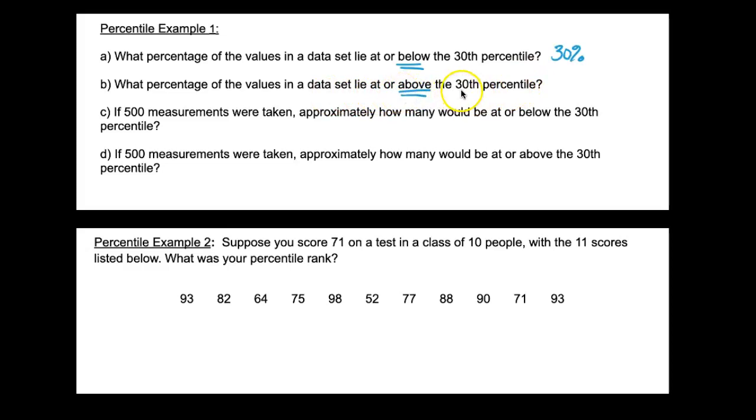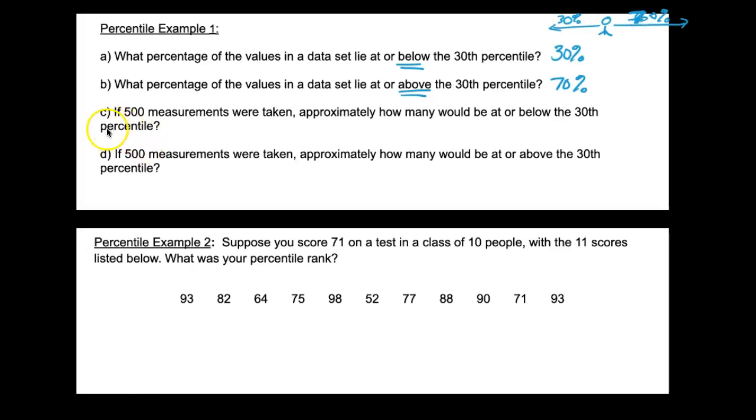Well, if 30% are below that value, then that means 70% are going to be above. And so just to draw the picture again, if this is the value that's at the 30th percentile, then we have 30% below, and then 70% are going to be above.